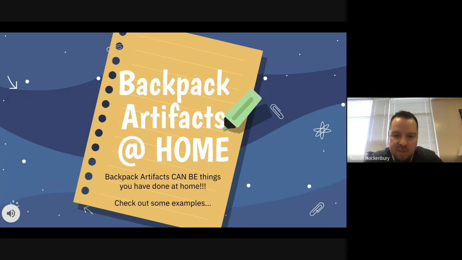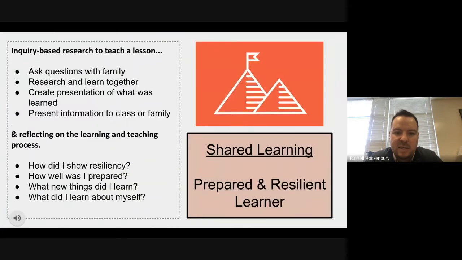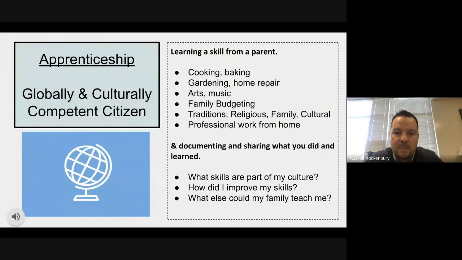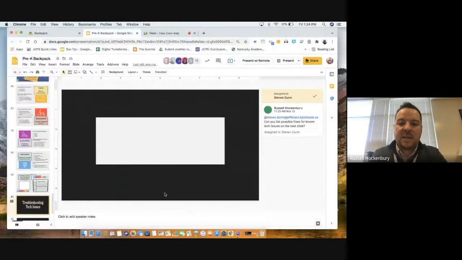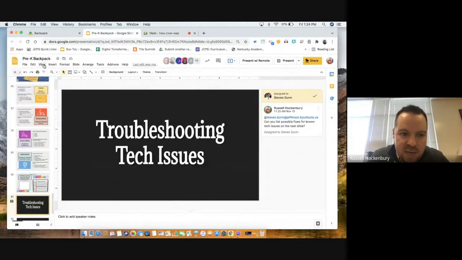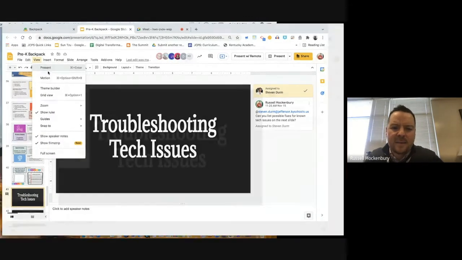We've had kids put stuff in their backpack if they're an Eagle Scout, for example. And so you've got different stuff there that might go into a student's backpack for those success skills. So lots of different examples here throughout this presentation. And then we've got some troubleshooting or tech issues that we want to talk about real quick as well. Stephen, do you want to talk about that?